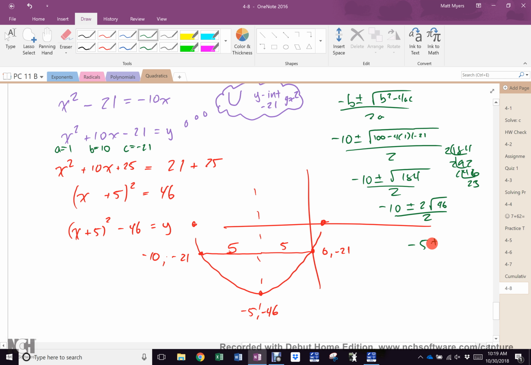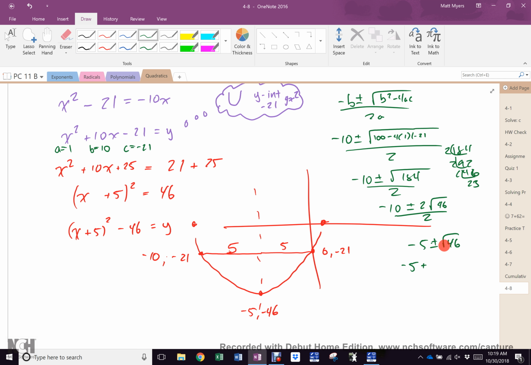Simplify, negative 5 plus or minus root 46. Yeah? So those are my roots. Can I do this on a graph? No, I've got to go to decimals now, don't I? So now I know my roots are negative 5 plus, now the square root of 46 is approximately what? It's a little less than 7, yeah?